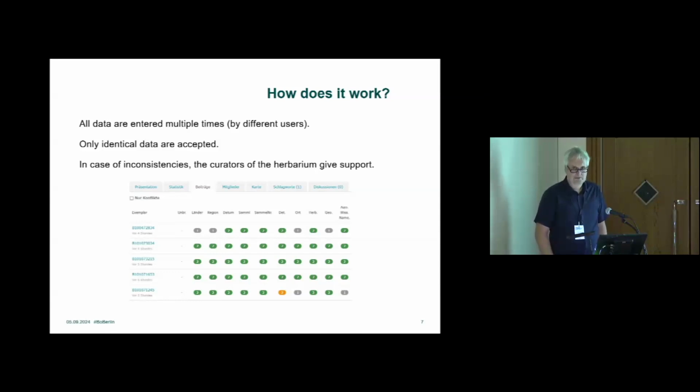It's usually sufficient to achieve very good data quality. If citizen scientists disagree on a certain piece of information, they usually try to resolve this themselves in a forum. If they still can't agree, then our herbarium staff members give support and try to help them.